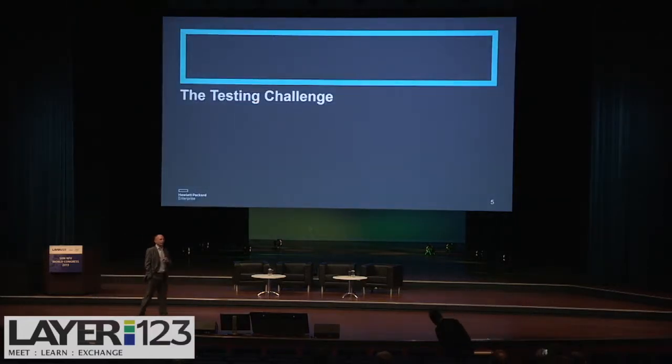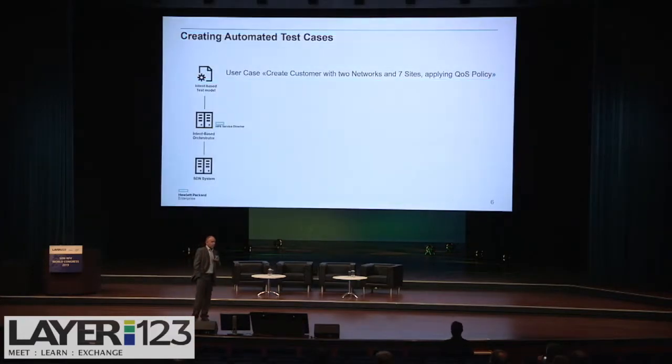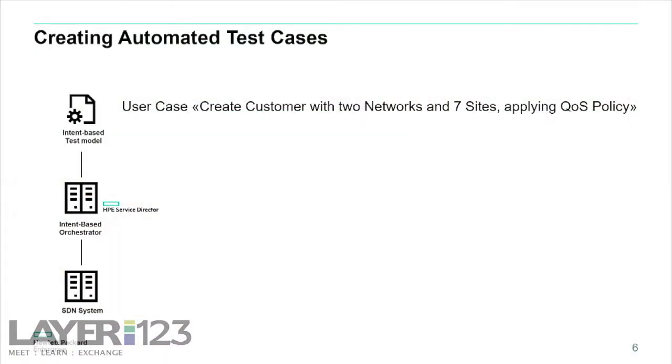Testing. Let's go into testing first. What we've been doing with customers is we had a problem in test cases, and in particular regression testing, because you have marketing, you have the engineering teams, you have the suppliers, all coming in with iterations very quickly. How do we get these test cases regression tested without too much effort? To take an example, we built an intent-based test model. So we have a test model which describes this entire business logic, and we configure the orchestrator.